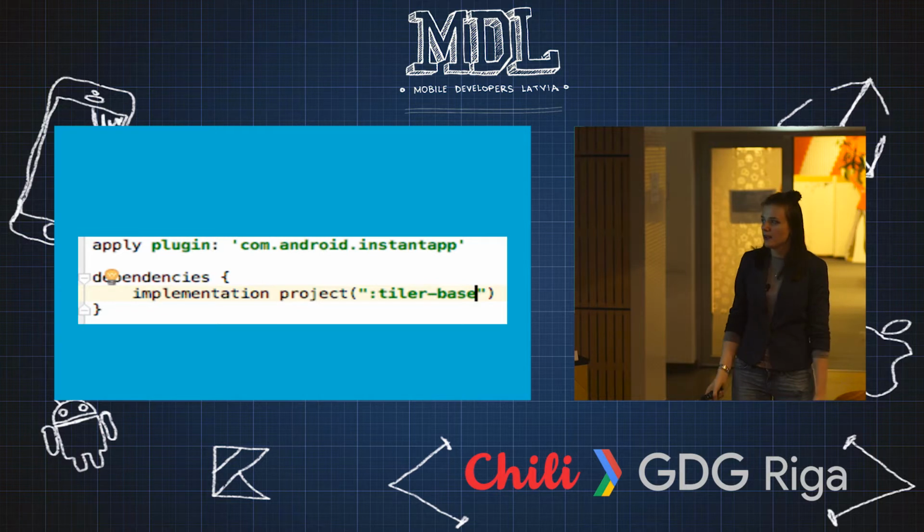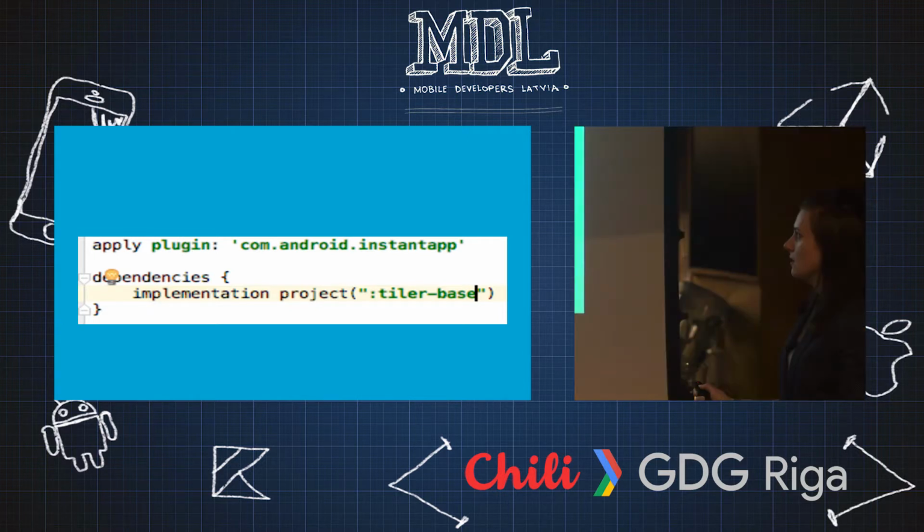So simply I copied the only thing that is needed in the Gradle file. It's the apply plugin, we will use Instant App, and the dependencies that will be used is our base feature, and then per each Instant App module we can also use some additional feature.